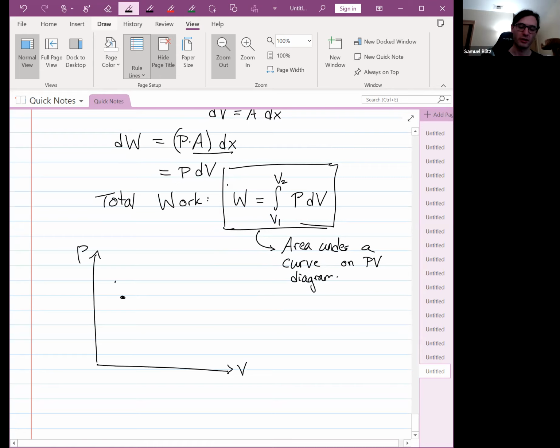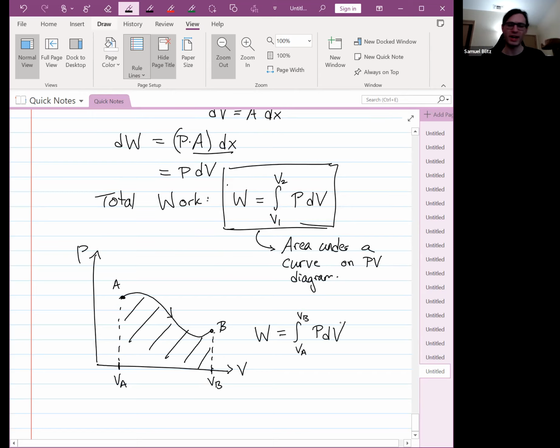We have our point A, we have our process, we have our point B. So the work done is the area under this curve, where this is maybe VA and this is maybe VB. And so the work is the integral from VA to VB of P dV.